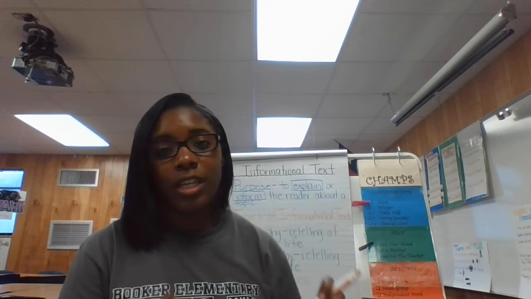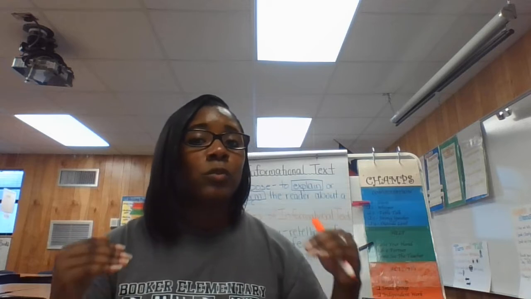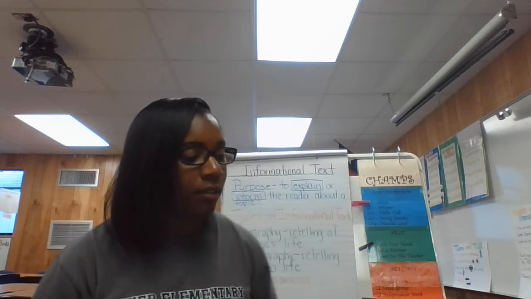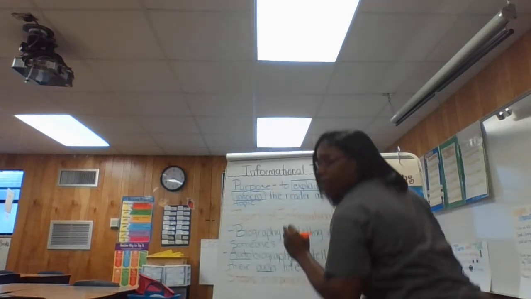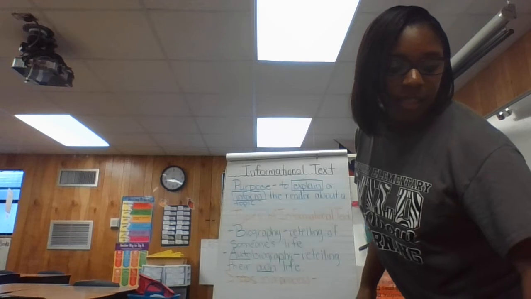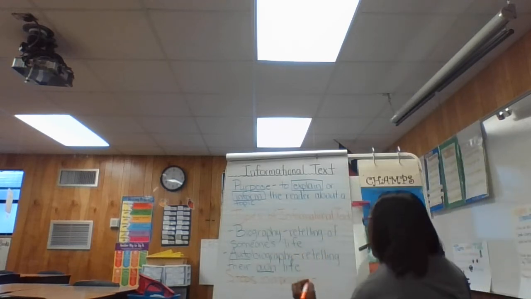The first thing that comes to my mind is cooking. If something is giving you the order of how to cook something or make something, it's going to give you the materials and ingredients you need, and step-by-step how to cook or bake something. So that would be the explanation of a process.